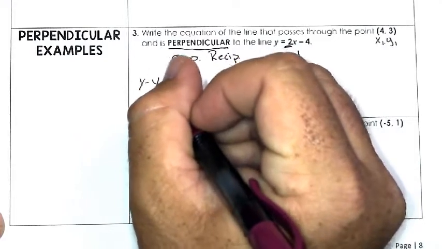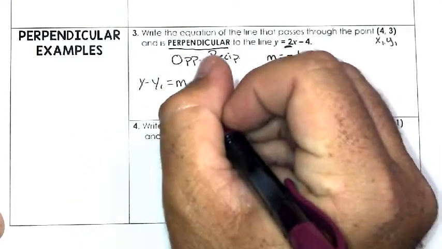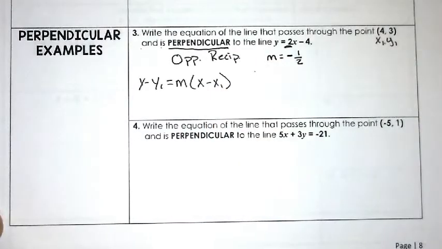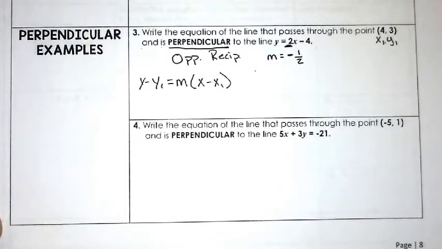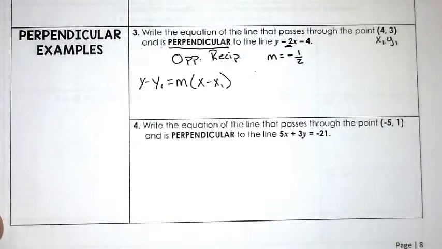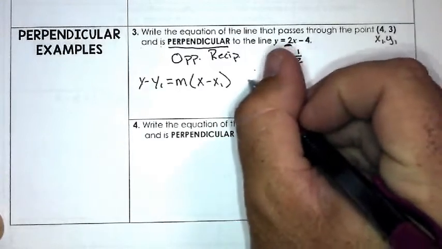Okay? Now, algebra boils down to 2 main concepts. Concept number 1 is Coach Kimball's favorite mathematical principle of all time. Substitution. So let's substitute. We have y minus 3 equals negative 1/2 times x minus 4.